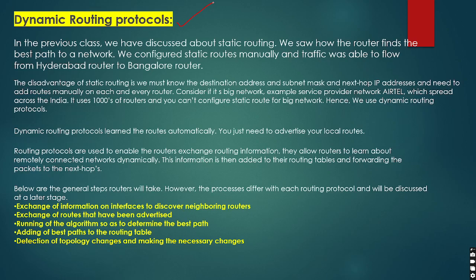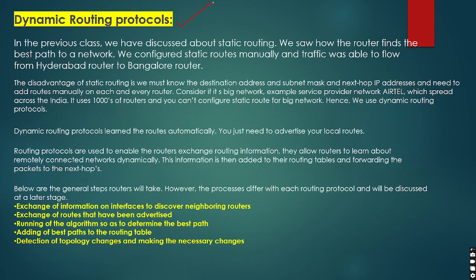Similarly, there are 3 to 4 dynamic routing protocols. You can say widely they are using OSPF, ISIS, EIGRP, and BGP as well. Depending on the usage, we will have different routing protocols. All these routing protocols have the same procedure.